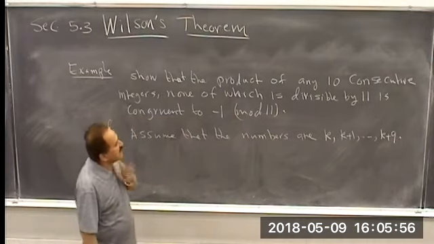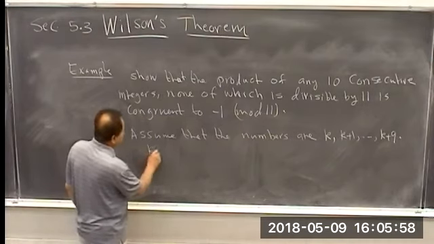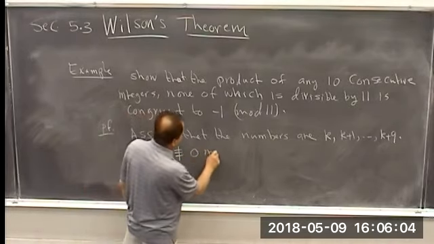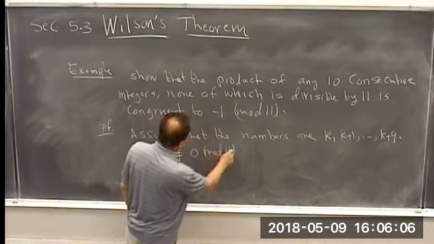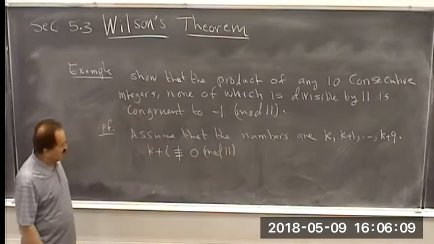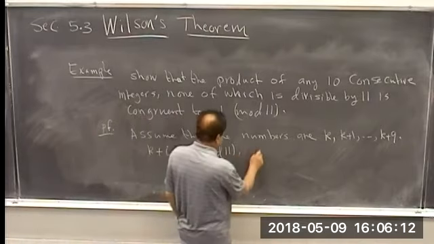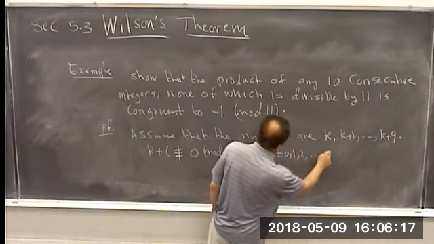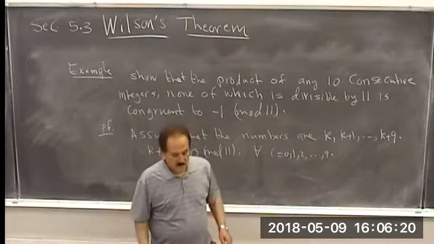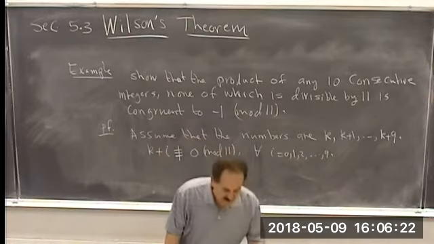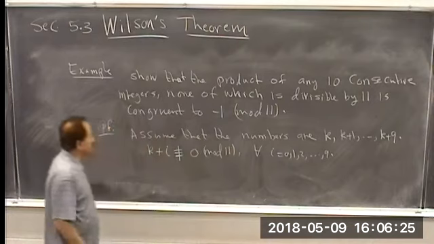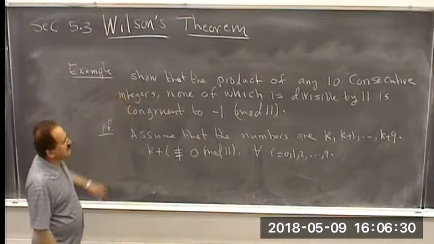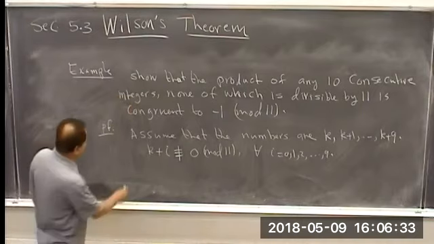All right? And we also know that k plus i is not congruent to 0 mod 11, meaning none of them is divisible by 11, for every i equals 0, 1, up to 9. Now we're going to use the division algorithm to get back to the numbers that we know satisfy Wilson's theorem.